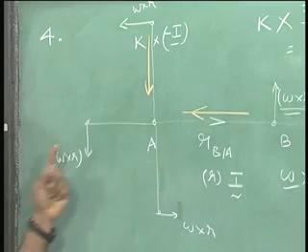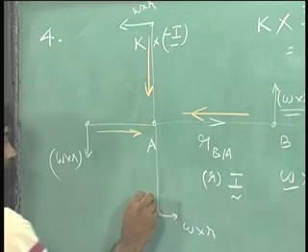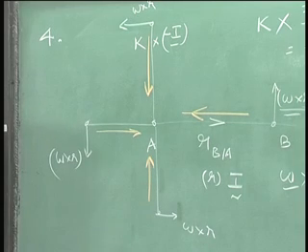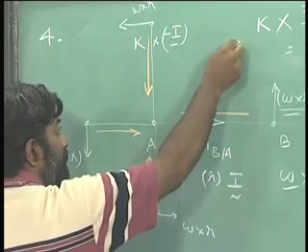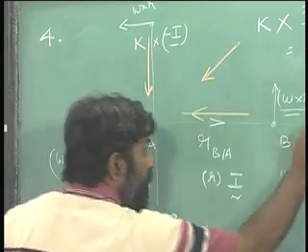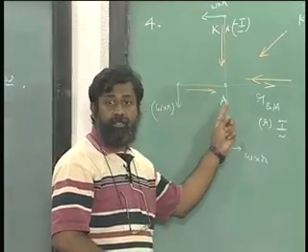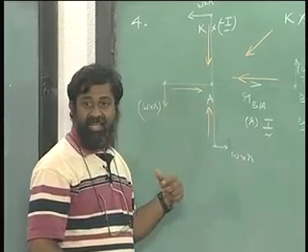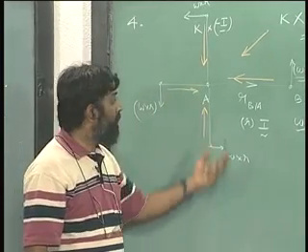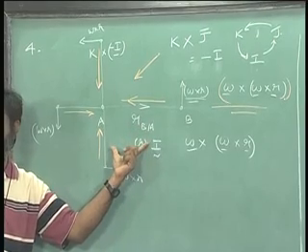If you do the same thing for this, you will get the direction to be this way, and for this you will get the direction to be this way. Even if I take some other point over here, I know the direction of this component will be towards the center, which is A, or in other words it is towards minus of this direction.